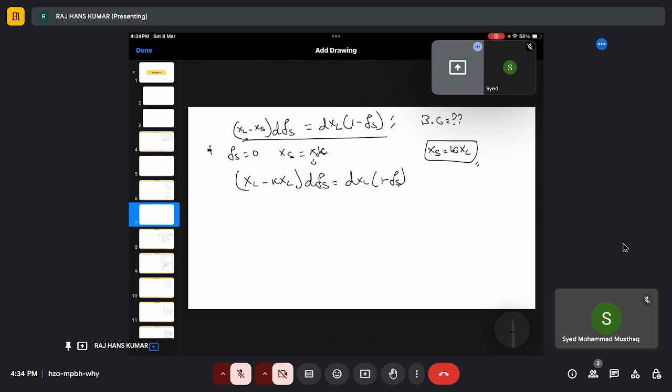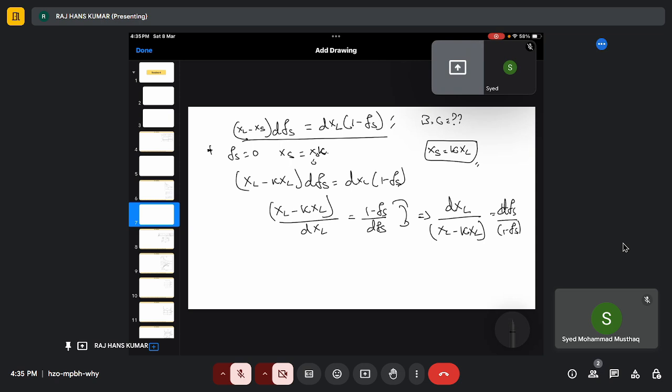If I divide both sides by DFS, let's do it one step at a time: XL minus KXL upon DXL equals 1 minus Fs upon DFS. Let's invert both sides, then this will turn out to be DXL upon XL minus KXL equals DFS upon 1 minus Fs.